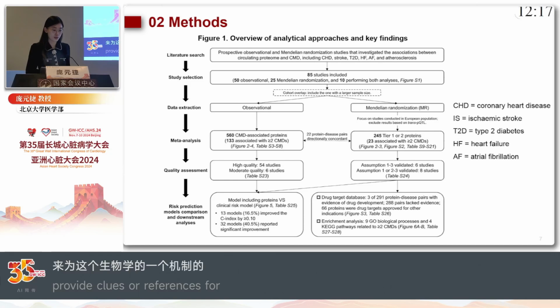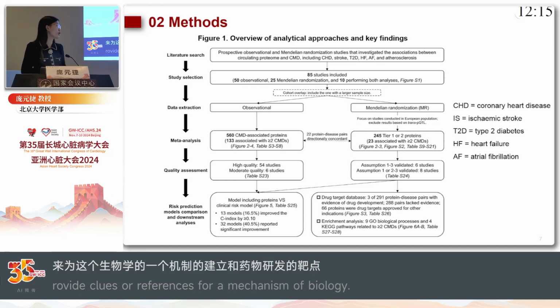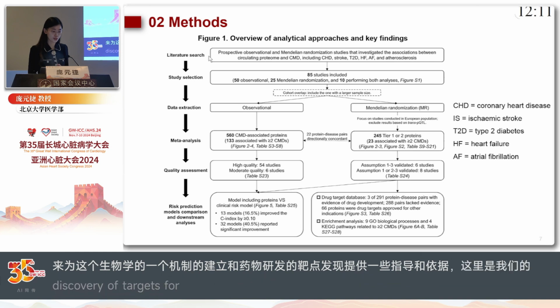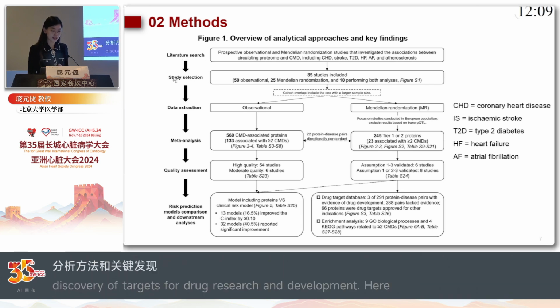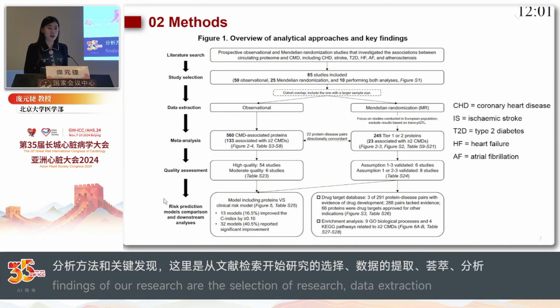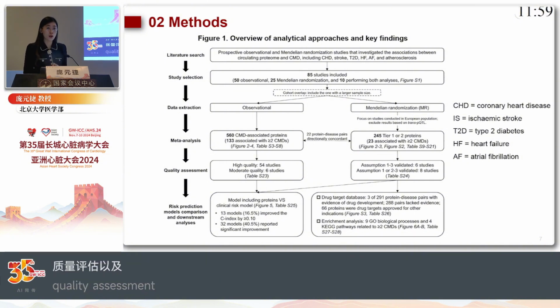Figure 1 shows the overview of analytical approaches and key findings of the study. We did literature search, study selection, data extraction, meta-analysis, quality assessment, and comparison of risk prediction models, and downstream analysis. So the work can be divided into 2 sections.